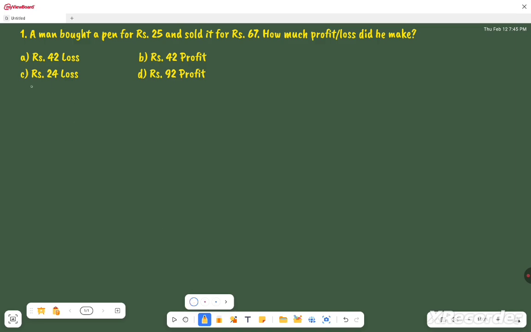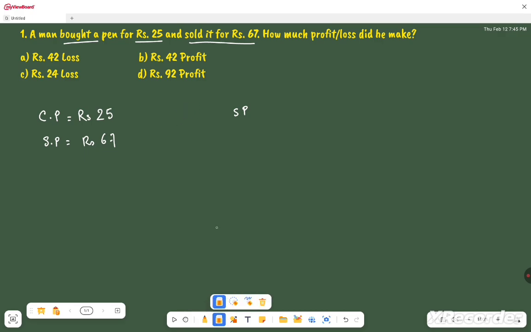Now here you can see a man bought a pen. That means the cost price has been told here: it is 25, and he sold it for rupees 67. That means the SP is rupees 67. Now between the CP and SP, which one is greater?